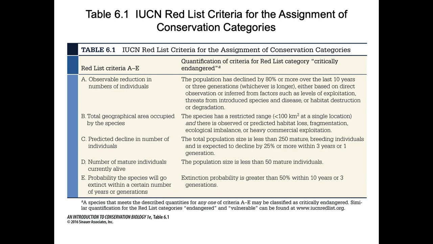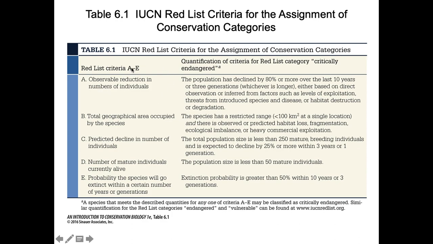And so we have different criteria. The IUCN is relatively precise in defining what they mean by these different categories. So this is an example. This is a table from your book, and it shows the different criteria the red list uses to designate a species as critically endangered. They only have to meet one of these criteria, and it'll be critically endangered.